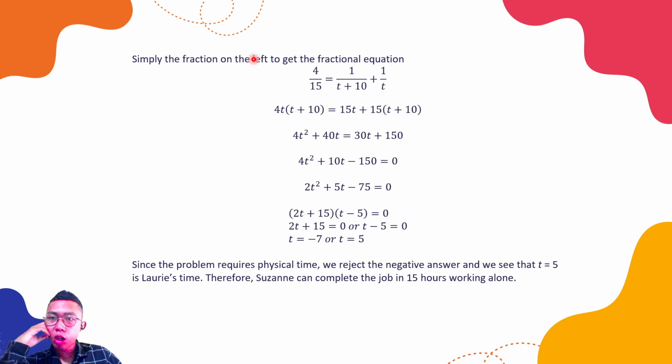Simplify the fraction on the left to get the fractional equation: 4 over 15 is equal to 1 over t plus 10 plus 1 over t.